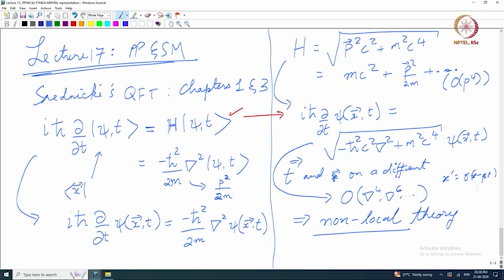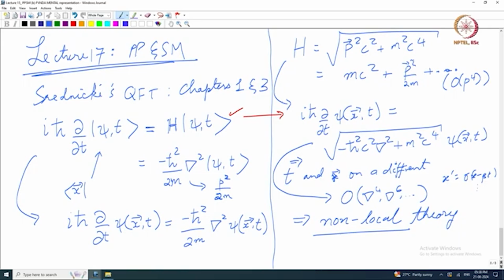When we want a relativistic theory, we better make sure the theory is at least local, so that we do not run into crazy things, we do not violate causality and things like that. So this alternative is not a good way to do it. So what can we do?